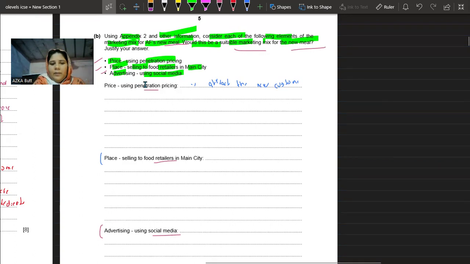And if we talk about place, selling to food retailers in the main city, we can say that the new meal which we sell through the retailers will be available to many people who visit retail outlets. So AF can reach a wider market, because previously he was selling the food through its stalls, but now there are different retailers, and more visitors visiting these shops.